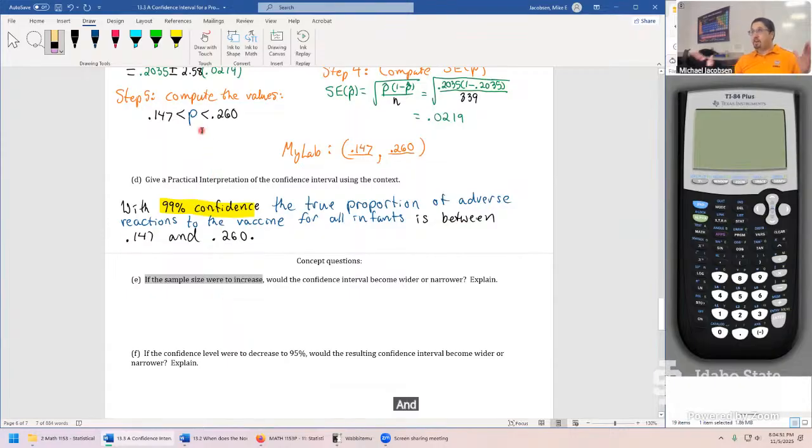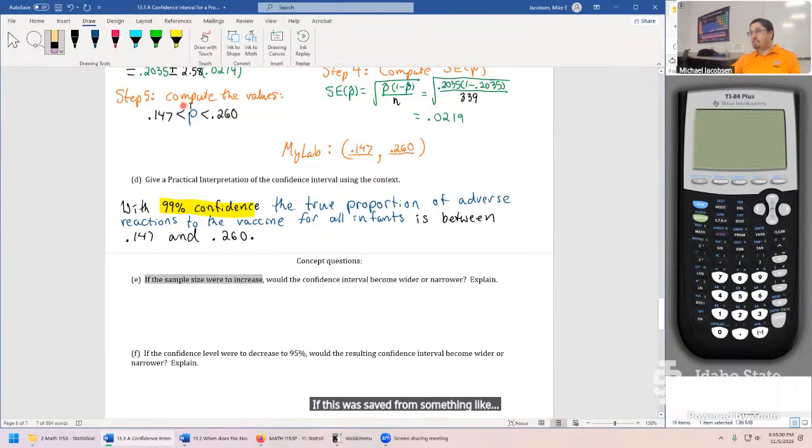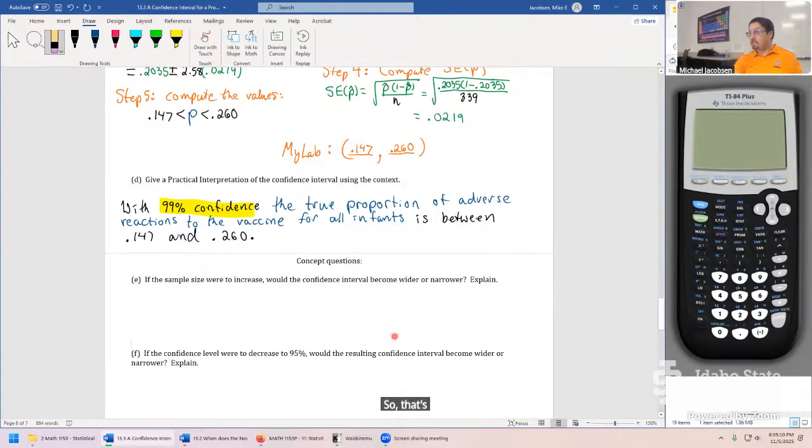And better for a confidence interval means narrower. It means your estimate is better. If this was, say, from something like 19% to 20%, the study seems like it was more successful, but the sample size would have had to have been larger. So that's the major concept.